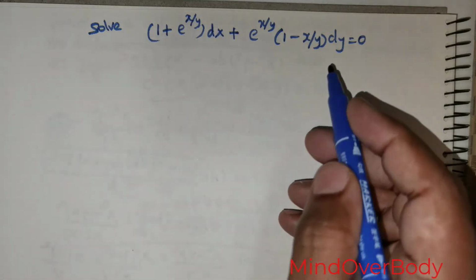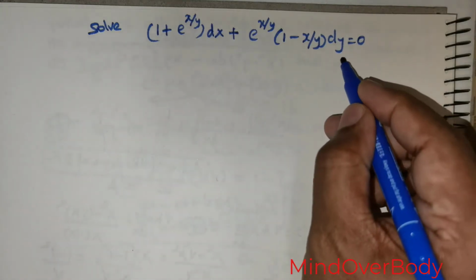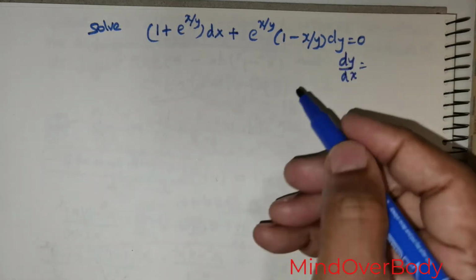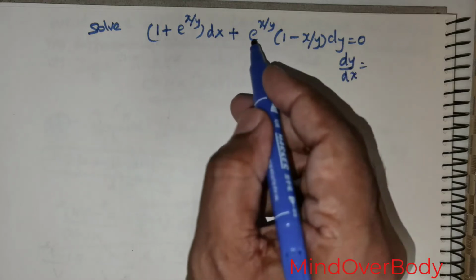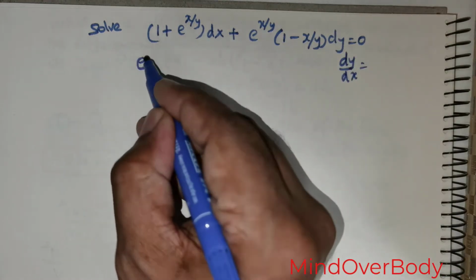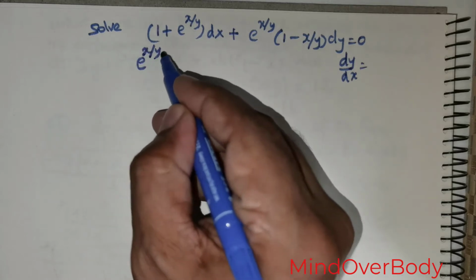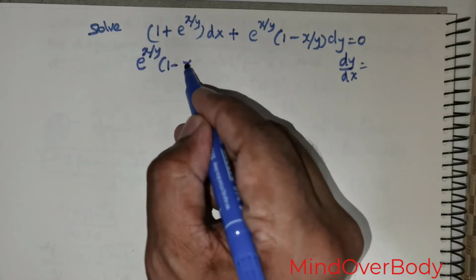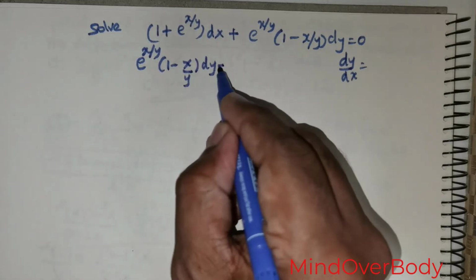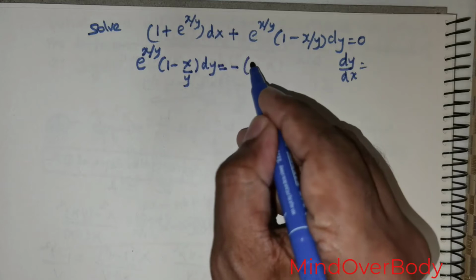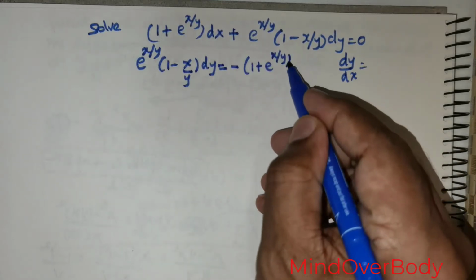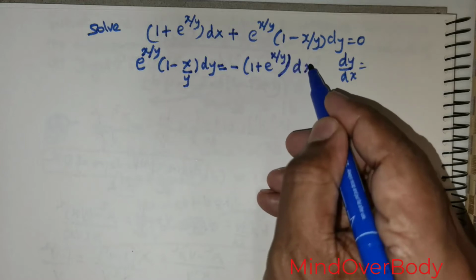So foremost, what we would like to do is represent this as dy over dx on the left hand side. For that, I would like to move this dx onto the other side. So e raised to the power of x over y times 1 negative x over y times dy is equal to negative of 1 positive e raised to the power of x over y times dx.